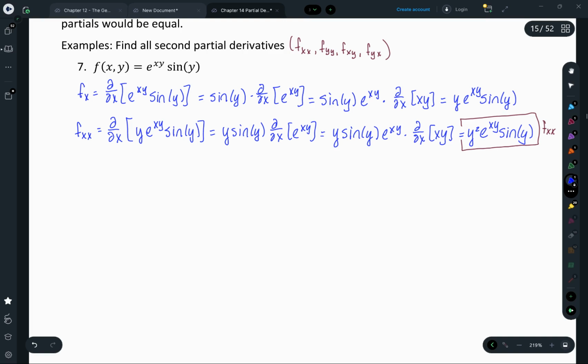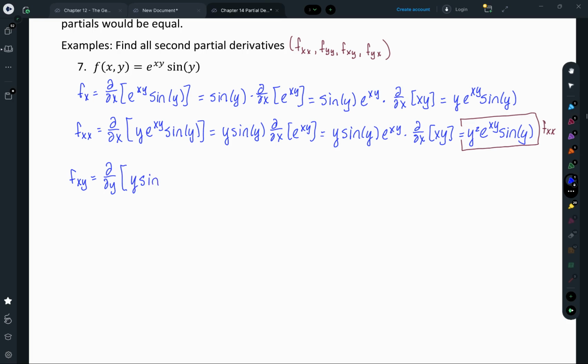The next one will be f sub xy. So now what we're doing is taking del y of our f sub x. So I need to plug in f sub x, which I'm going to write slightly differently as y sine of y e to the xy. Now what we have to notice here is that we actually have 2 or 3 functions of y in a product, and that's like a triple product rule.